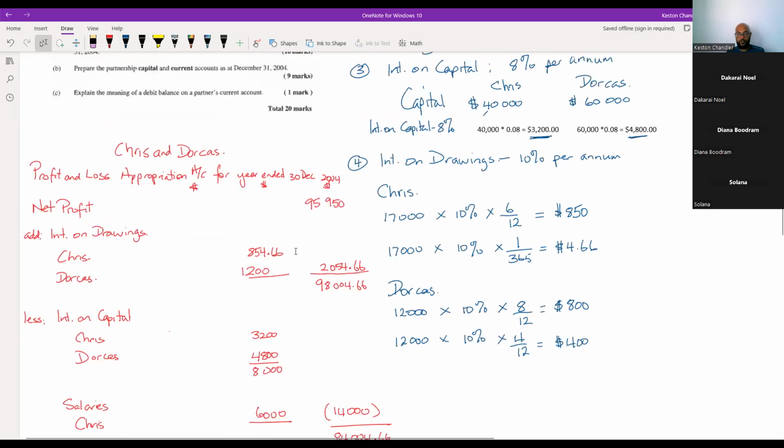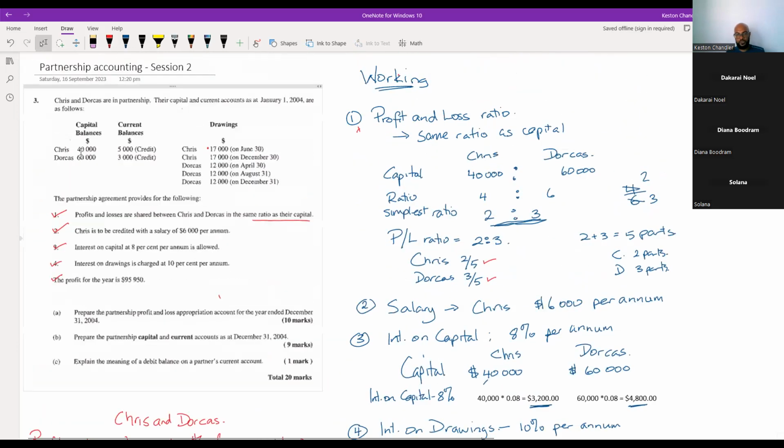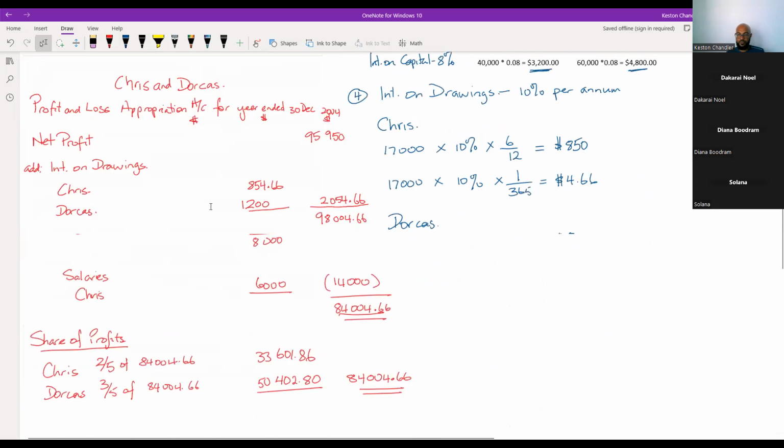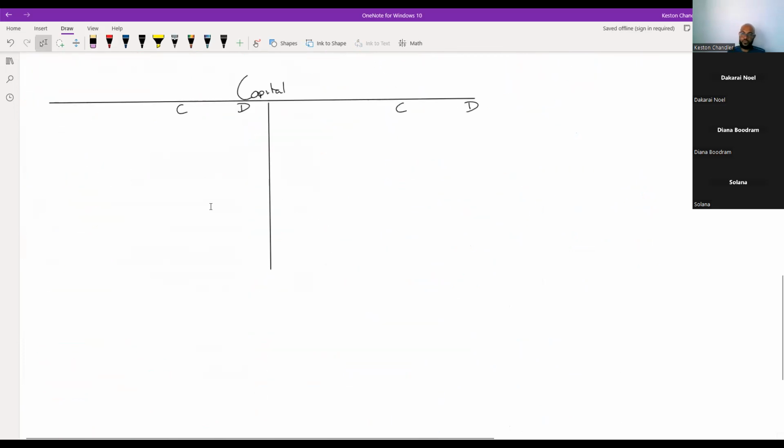Remember you want a fixed capital account. So you're looking at 40,000 and 60,000 as the balance carried on. So that's what you're going to put here.